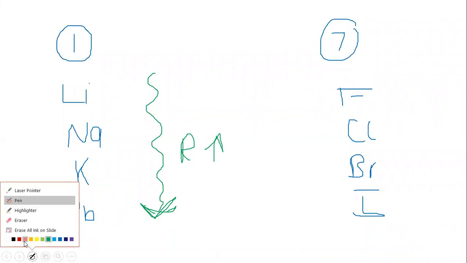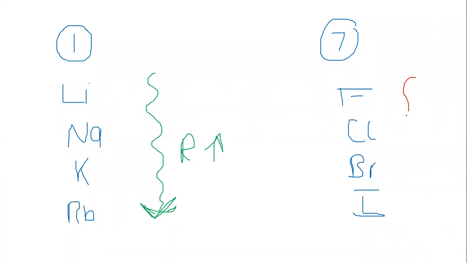But when we talk about group 7, as they move down the group, their reactivity decreases.